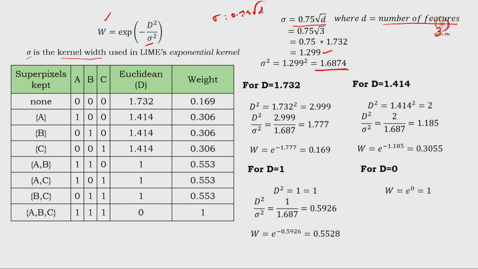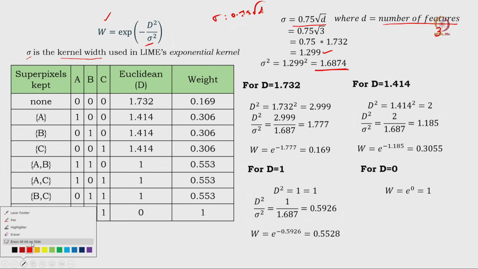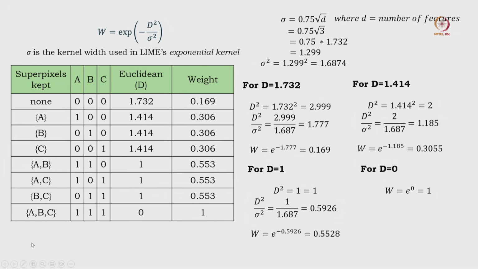Now, how do we calculate the weight? By using the distance here. So, you go back and then substitute the values. Now, for d equal to 1.732, we are calculating what is the weight. Just substitute the values. It is d square. So, the d value is 1.732. Take the square of it, we are going to get this.